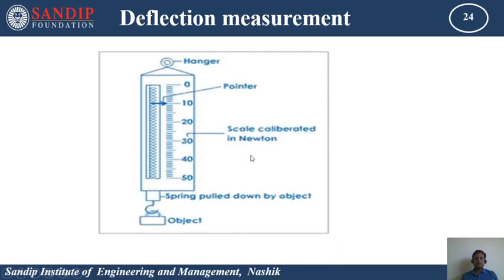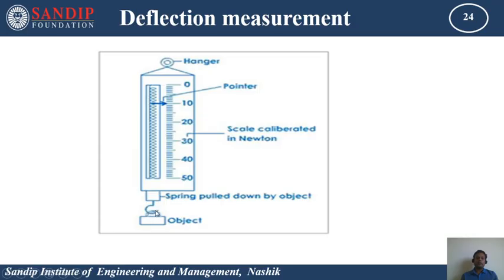Now the deflection method. A simple example is given here. A spring-loaded machine is used. You can see the spring is attached to our pointer, and this pointer is connected with the standard readings given on the vertical scale. The object is held by using this hook.